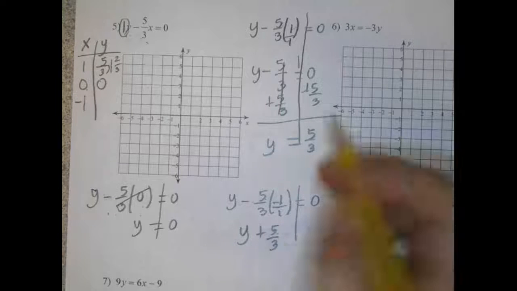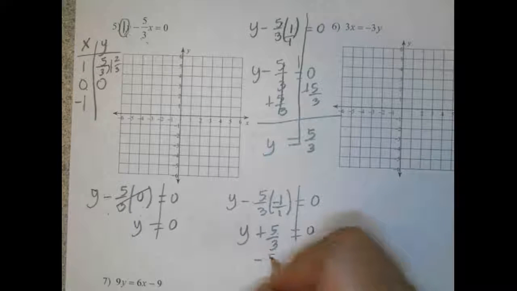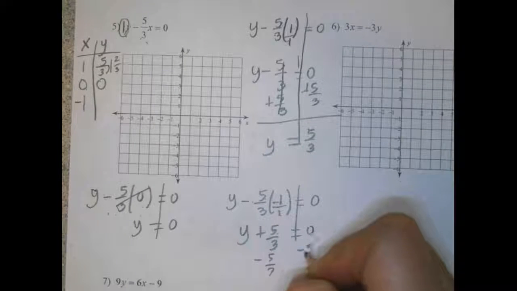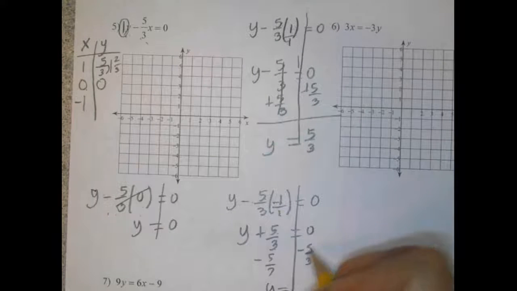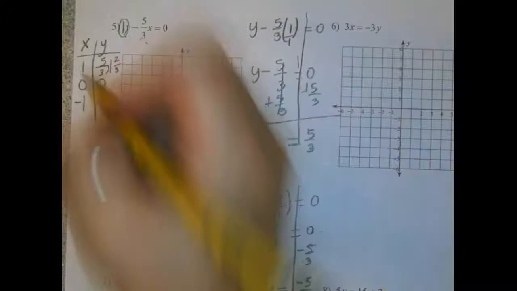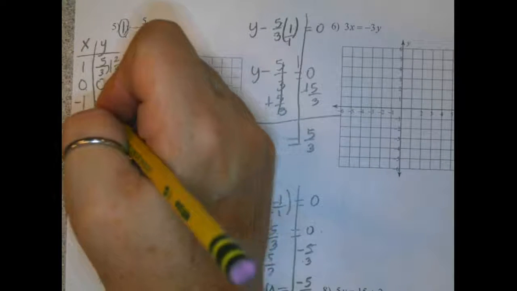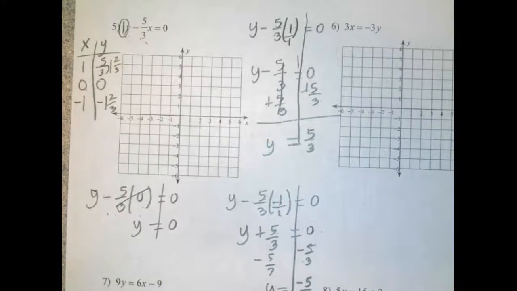We already said it's a positive, and it equals 0. Same rule applies. I'm going to subtract 5/3. Subtract 5/3. Now what does y equal? Negative 5/3 plus 0. Negative 5/3. Right? Which is negative 1 2/3. As we previously said. And now I can graph them, right?